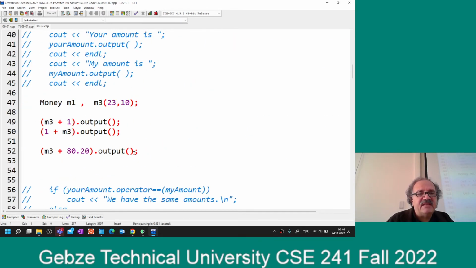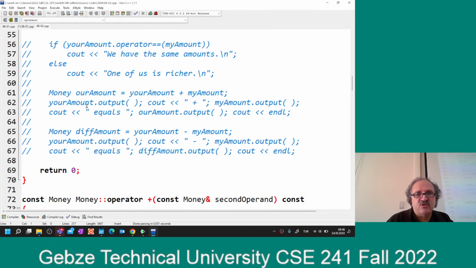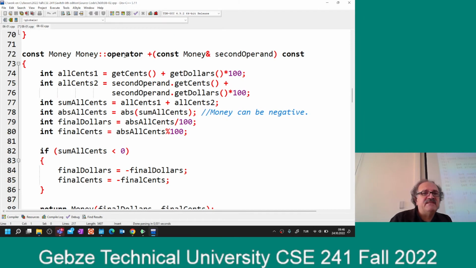Our main will not change at all. It is the same thing. It's going to be your amount plus my amount, that's it, or your amount minus my amount. It will work exactly the same, but our code is a little bit different now. See, this one is operator plus, but it is a member function of the money class.